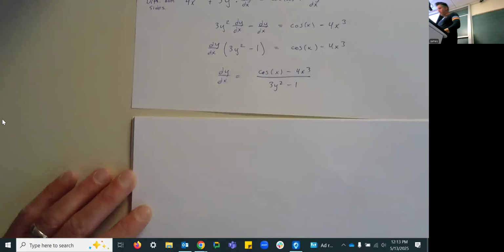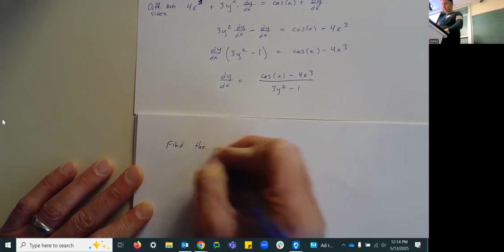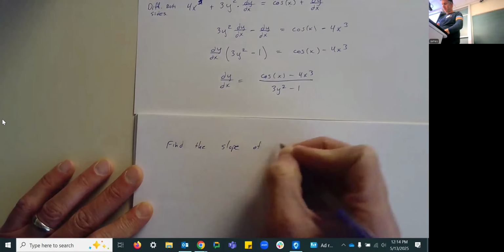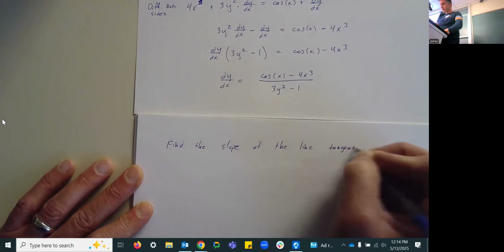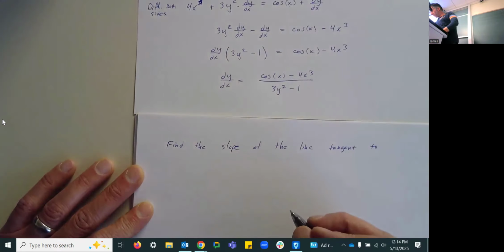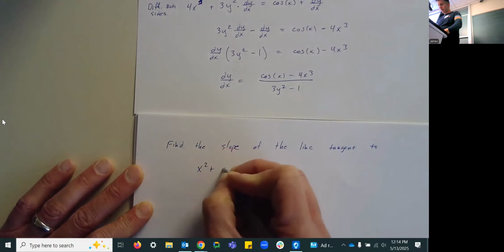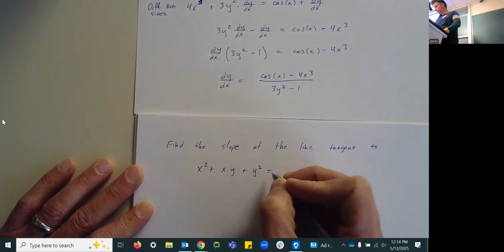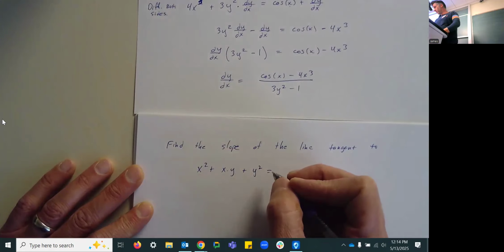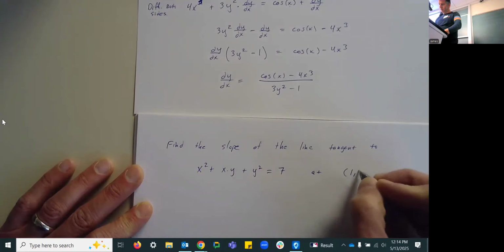Let's say we want to find the slope of the line tangent to the equation x squared plus x times y plus y squared equal to, sorry, I had a number here and it's wrong. 1 plus 2 plus 4 is 7. At the point 1, 2.